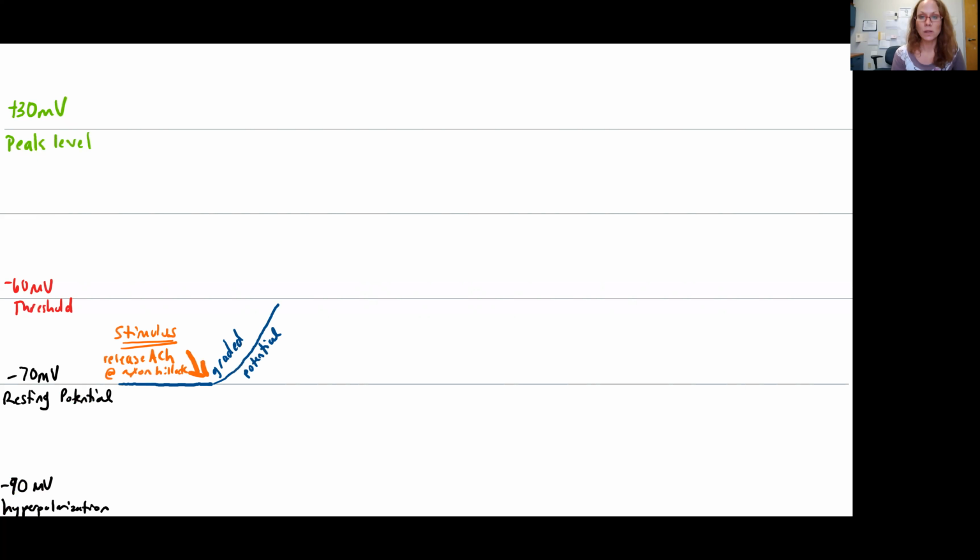We get a stimulus, which means a release of neurotransmitter at the axon hillock, which is going to give us our graded potential. So our graded potential is that initial opening of chemically gated sodium channels, allowing the influx of sodium, depolarizing our cell until we hit threshold.